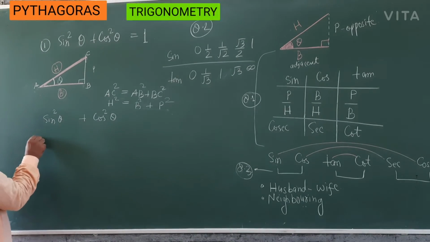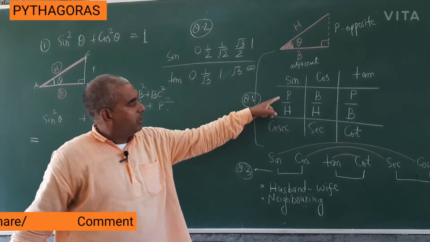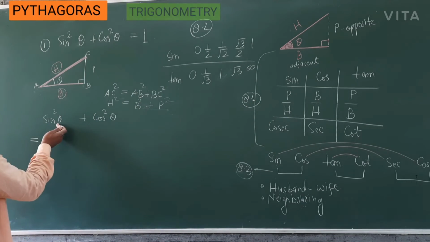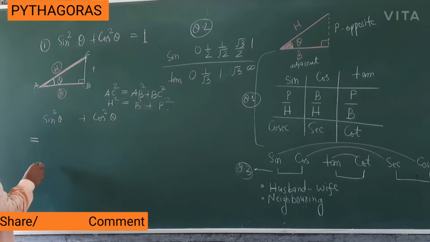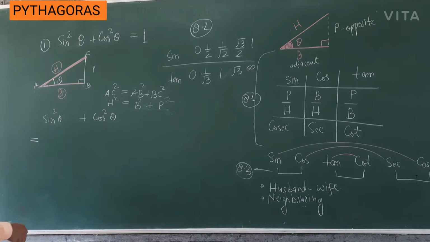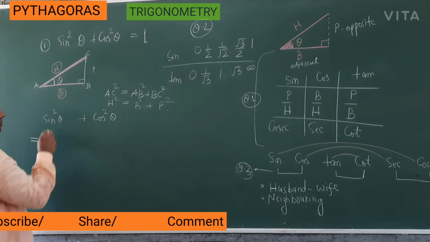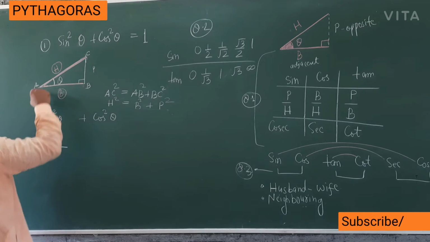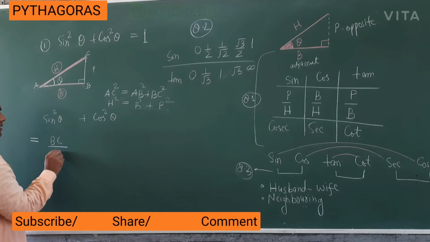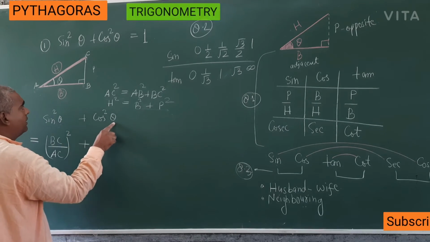Okay, we will place the value of sin theta. Sin theta means perpendicular by hypotenuse, whole square. So you may write BC upon this also, just like given in your book. So let me write BC. Sin theta is equal to perpendicular, means BC upon hypotenuse AC, or CA, to the whole square, plus cos square theta.